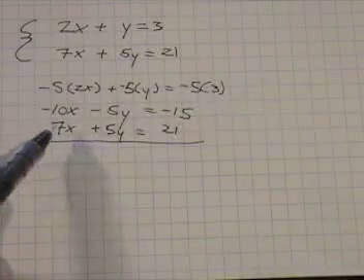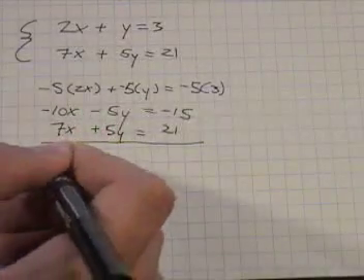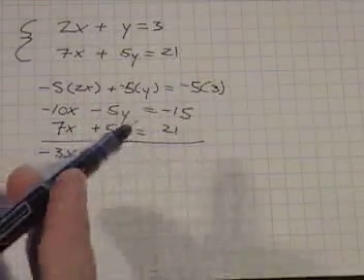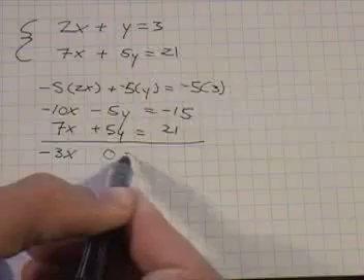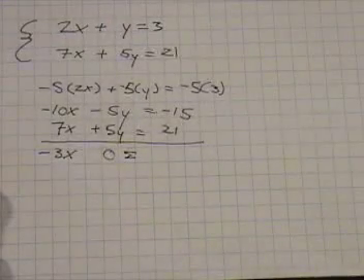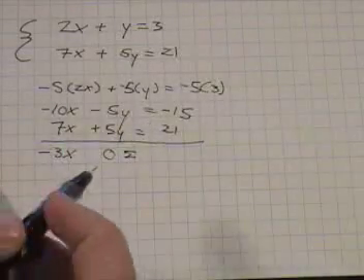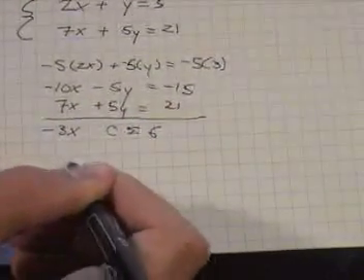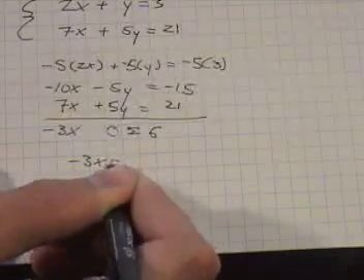This becomes negative 3x. This just cancels out, is 0. And then the other side of the equation is 6. So we'll write it neatly right below it.